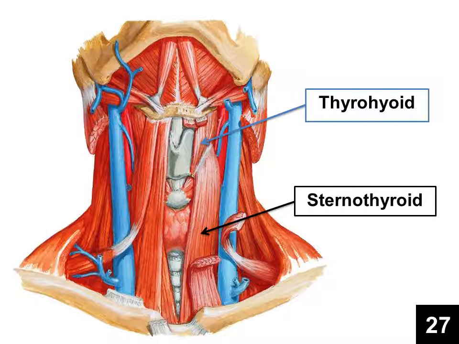This muscle covers the thyroid gland and the large vessels. It is supplied by the ansa cervicalis nerve, C2 C3.